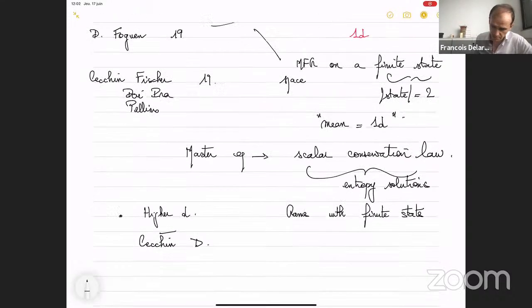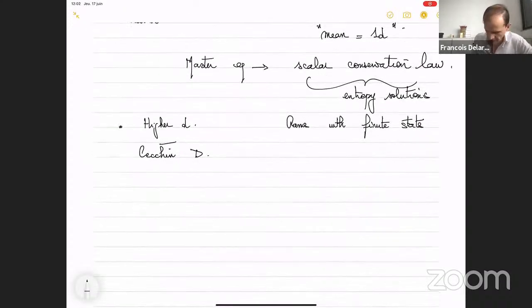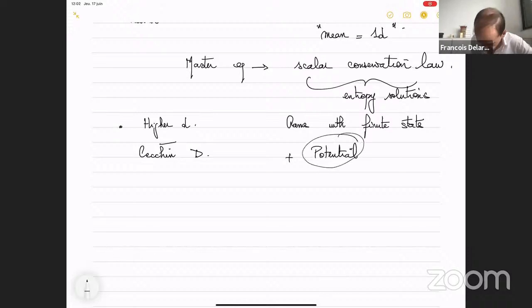So this is a generalization of the two-element case, because now you can have as many states as you want, provided that the number of states is finite. And plus, there is something that I have not spoken about. There is a potential structure. Potential means, very easily to explain, that the master equation is going to be the gradient of some HJB equation.